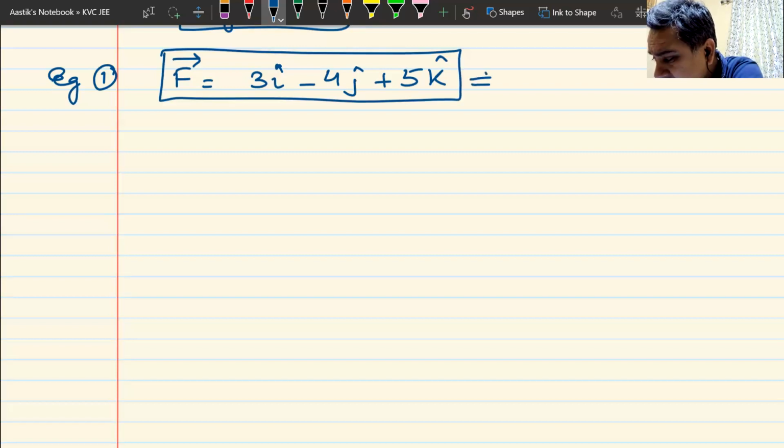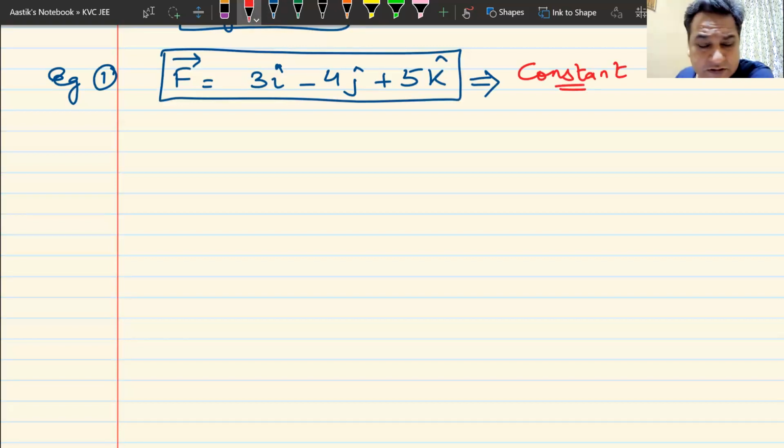This force is a constant force, so it has to be conservative. This is a constant force, and we have already discussed that if a force is constant, it has to be conservative. But again, even if you don't know it, how do you check it?